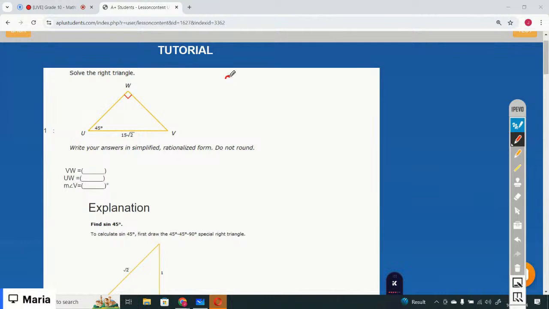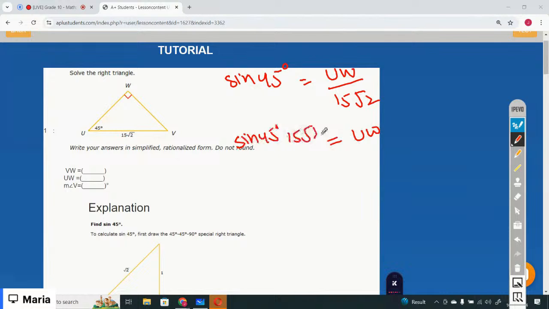Sine 45 is UW divided by 15 square root 2, right? Then UW equals sine 45 times 15 square root 2.